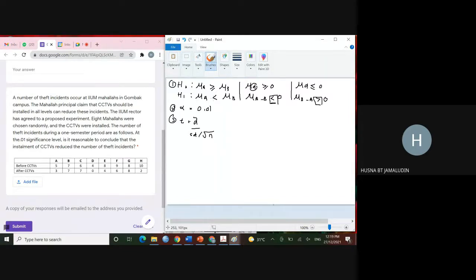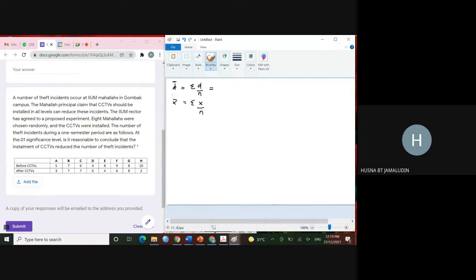If you take before minus after, then you have to take the value of before minus after. In this case, after is the first observation. So what is the after? After is 3, minus what? The observation of the before. 3 minus 5.